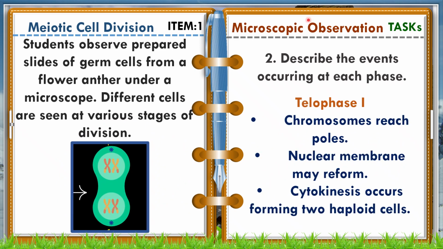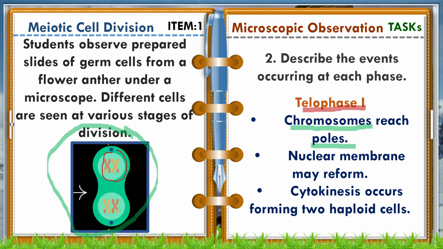Then we go to telophase. This is telophase 1. Here in telophase 1, the chromosomes reach the pole. So here we can see in telophase 1, the chromosomes have already reached the different poles.